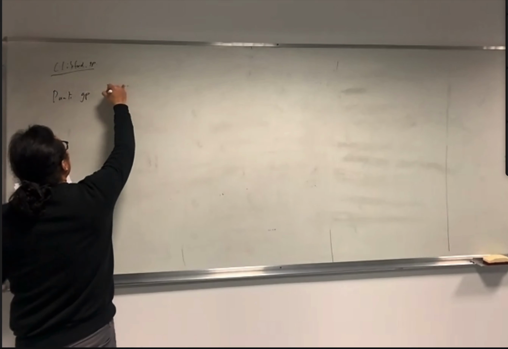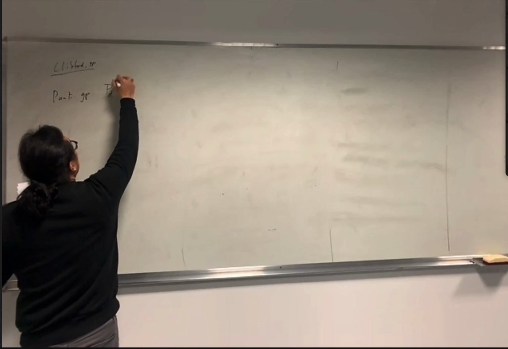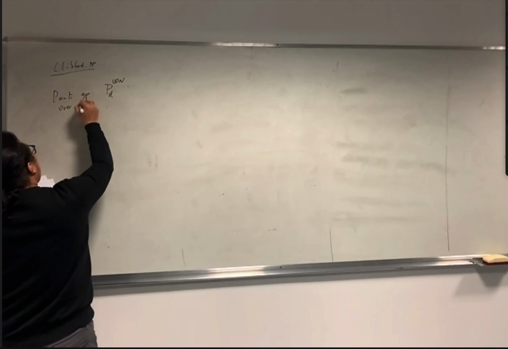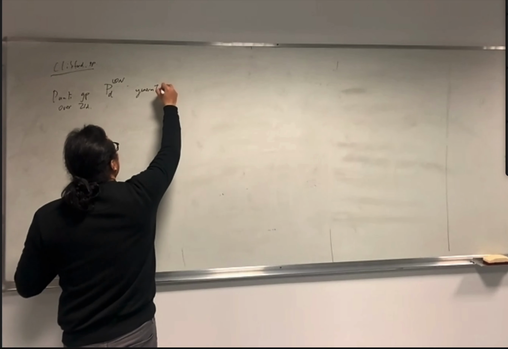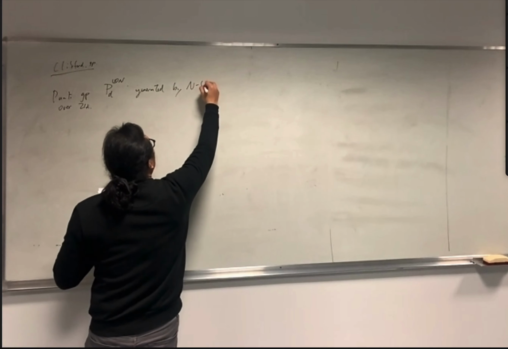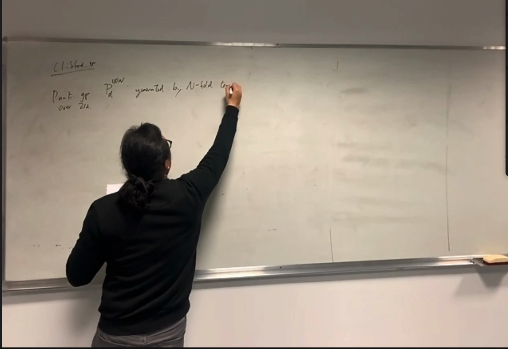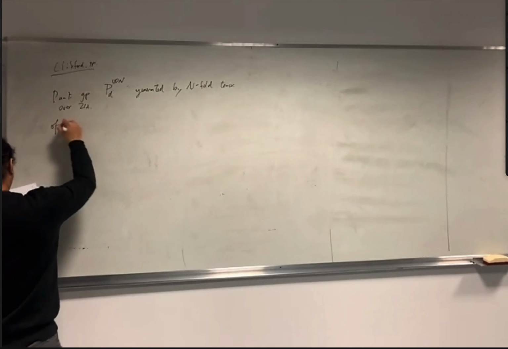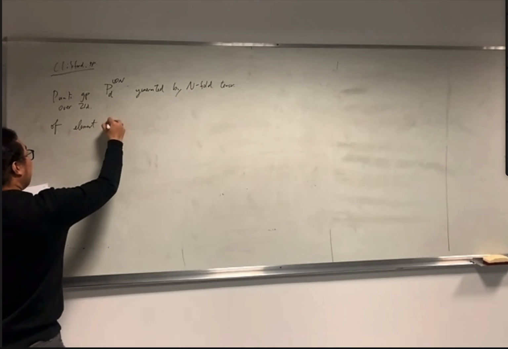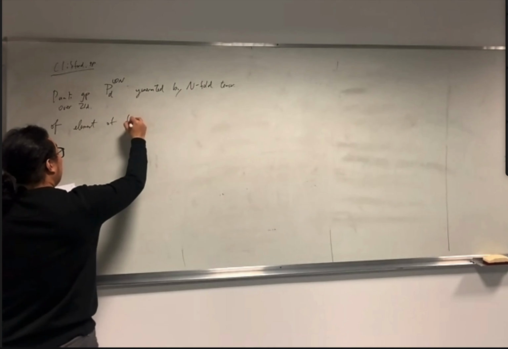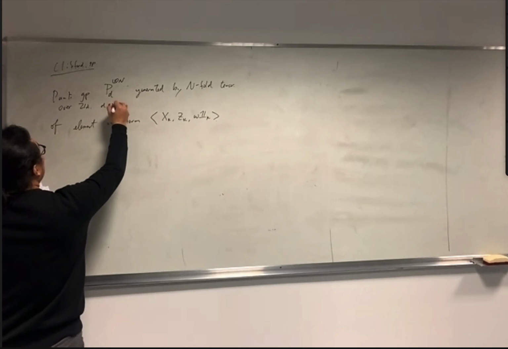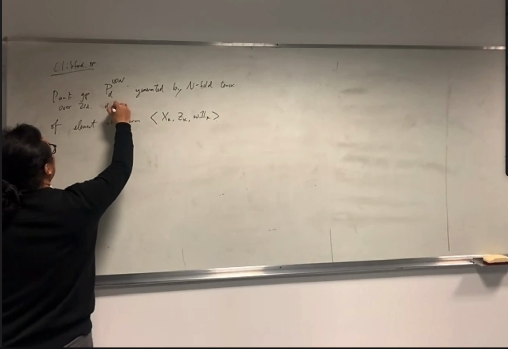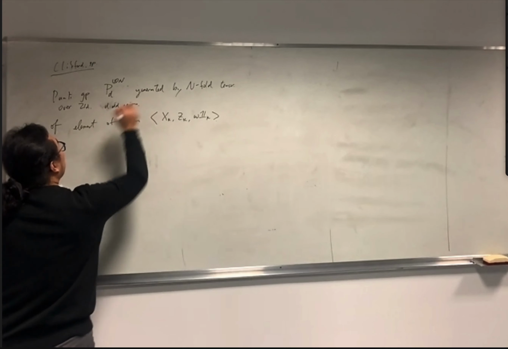The Pauli group, which I'll denote over set d, is generated by the n-fold tensor of elements of the form X, Z, and omega. Here d is non-two, an odd prime. Let's make it easier: this is an odd prime.